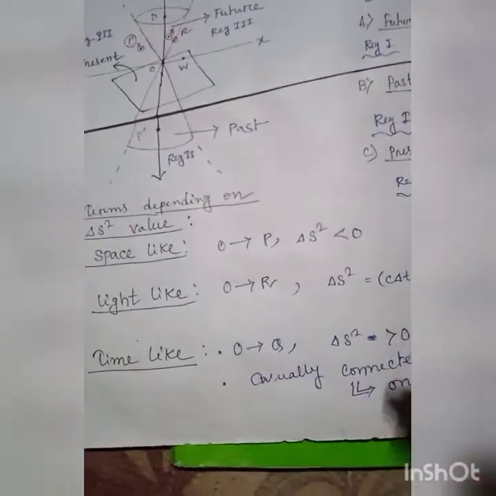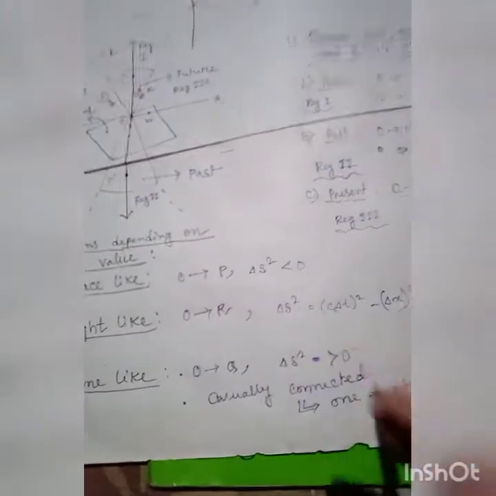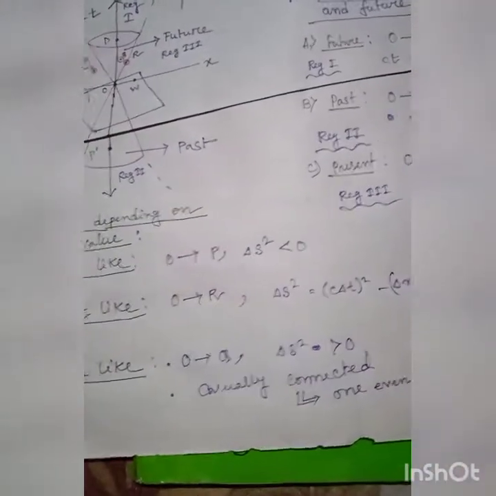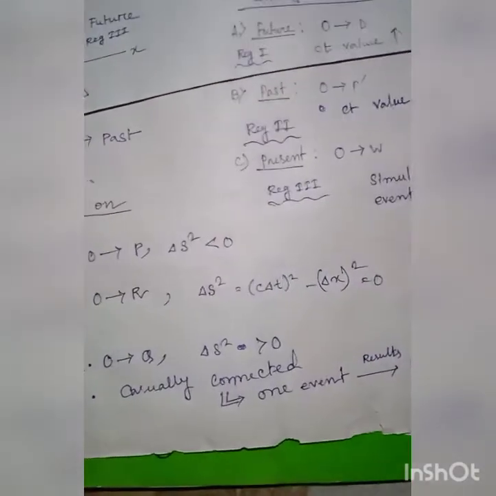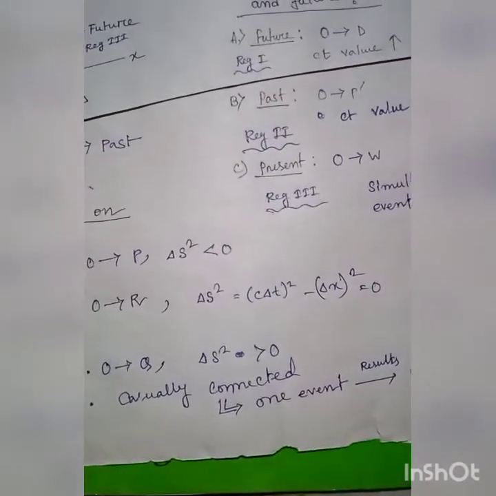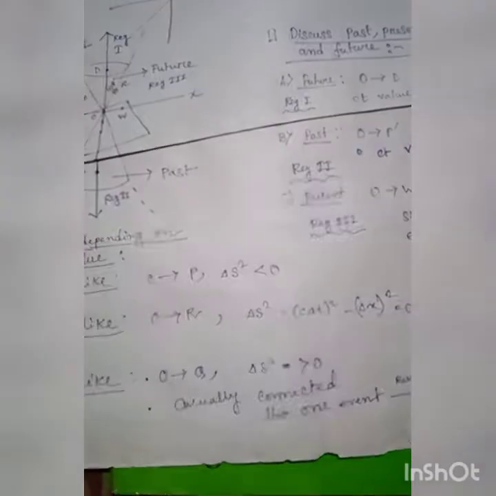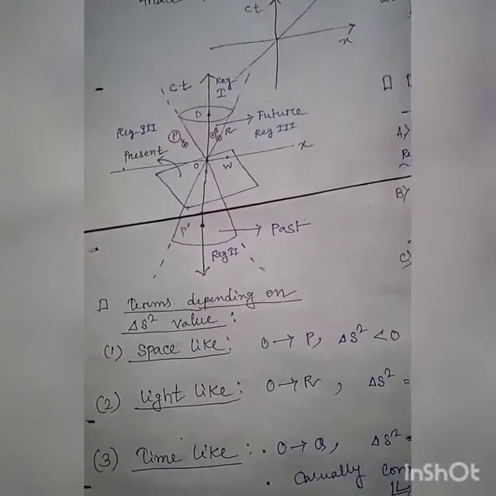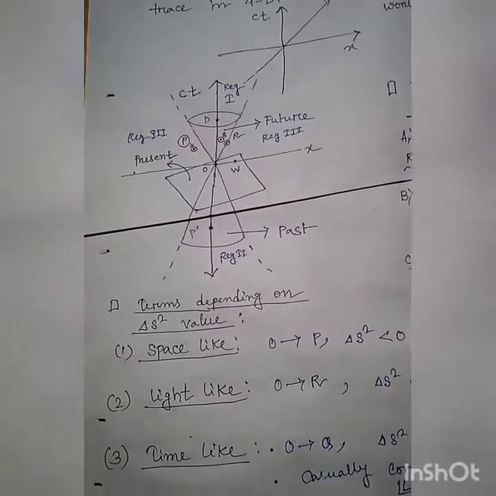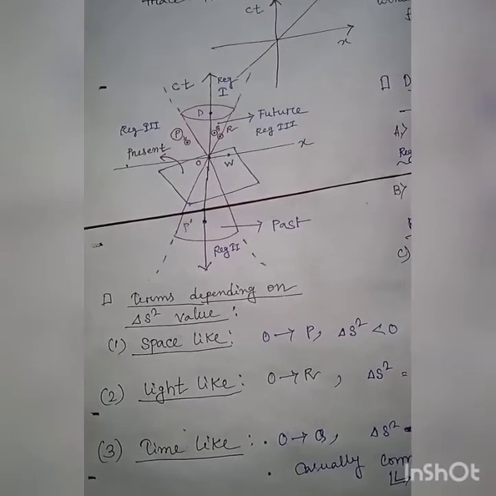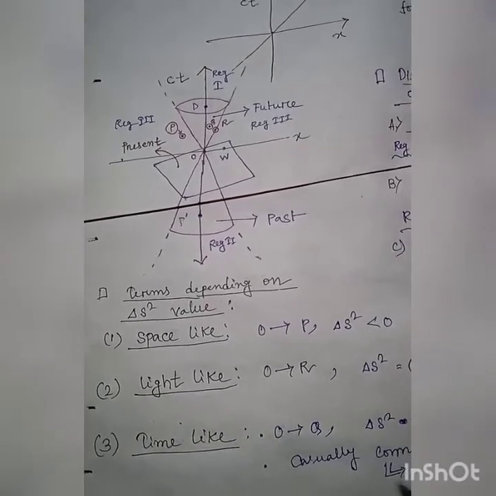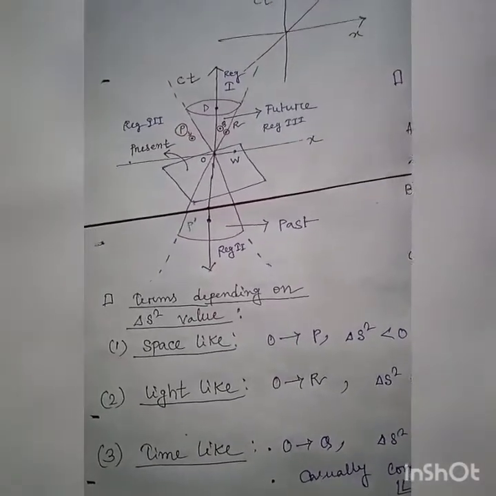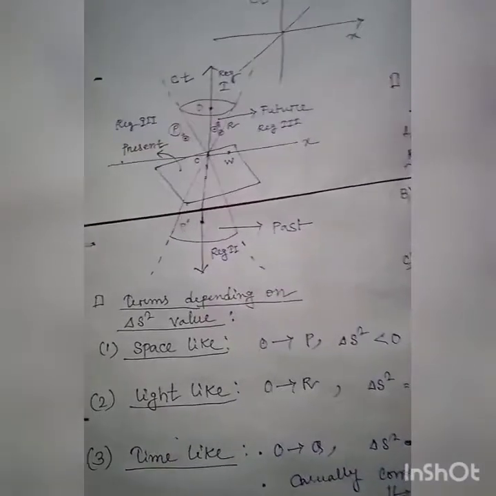What does it mean? del S square equal to c del T square minus del X square. So it clearly means that your spatial interval is bigger than the time interval. That's why it is said to be space-like.